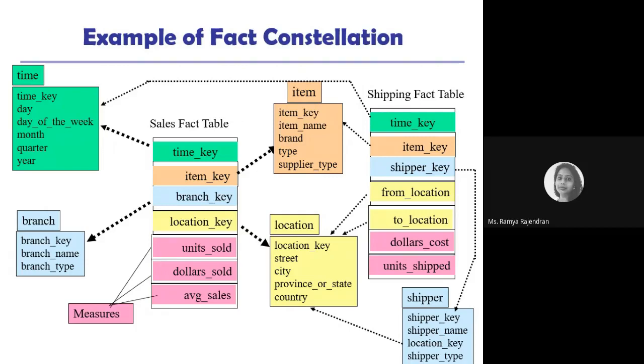I'll have a time factor, an item, and a shipper key, which has one more table: shipper key, shipper name, location, shipper type. I might be sending it through a different shipping company. Since I'm sending to different geographical locations, I'll have to tie up with different shipping companies from location to location. So it's going to be part of this location key table, along with dollars cost and units shipped.